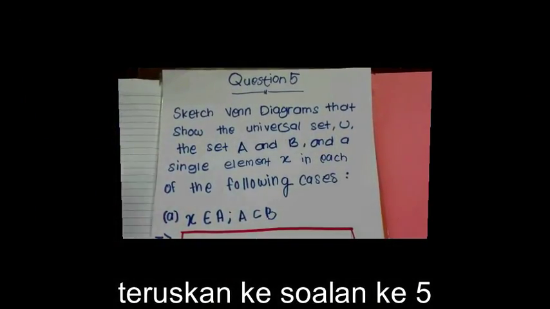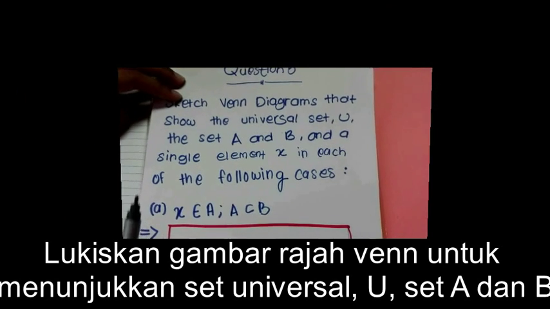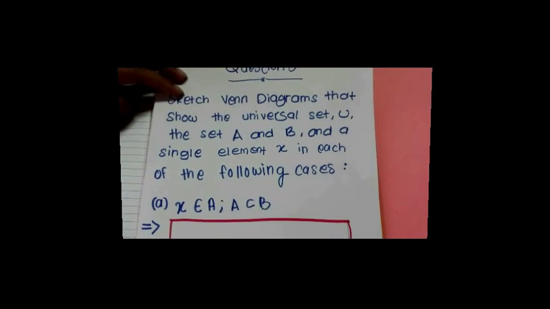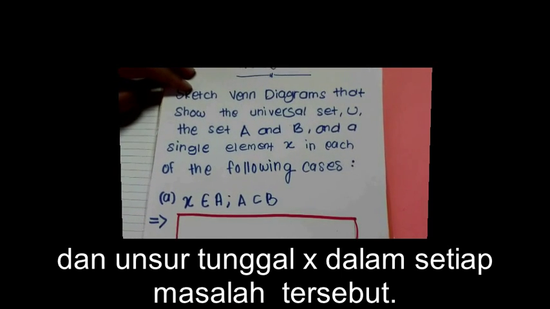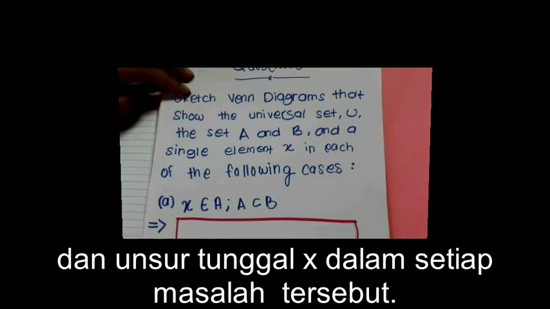Now we move to question 5. Sketch a Venn diagram that shows the universal set U, the sets A and B, and a single element X in each of the following cases.